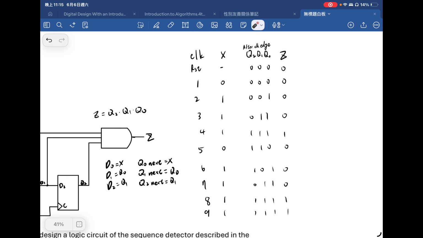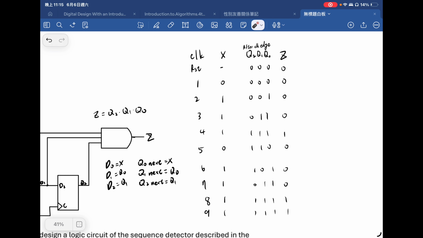Starting from 0, 0, 0, if the input sequence is 1, 1, 1, the shift register changes from 0, 0, 0 to 0, 0, 1, to 0, 1, 1, and finally becomes 1, 1, 1. At this moment, the AND gate output is 1.